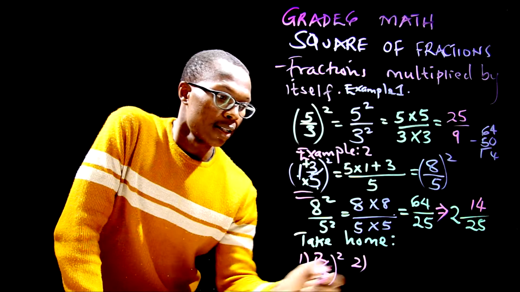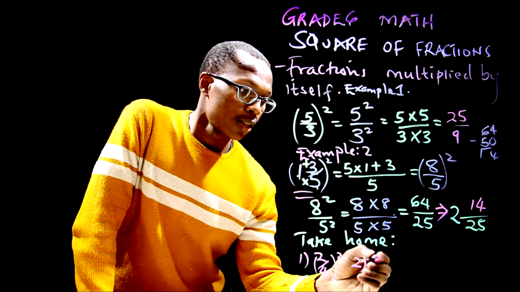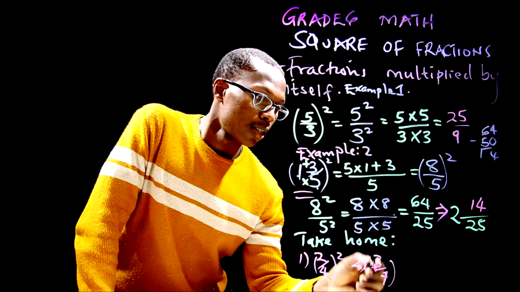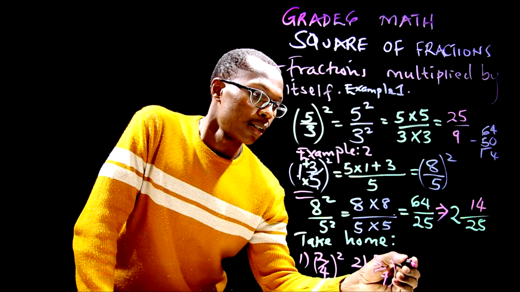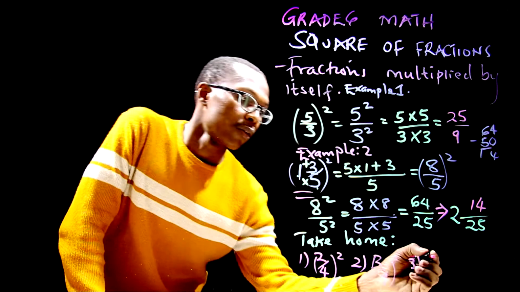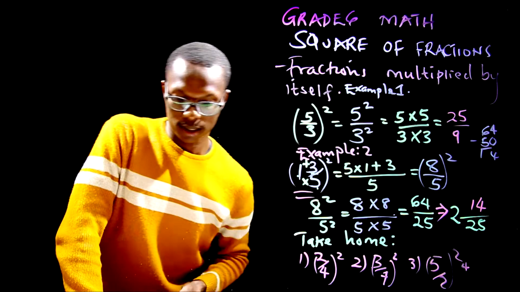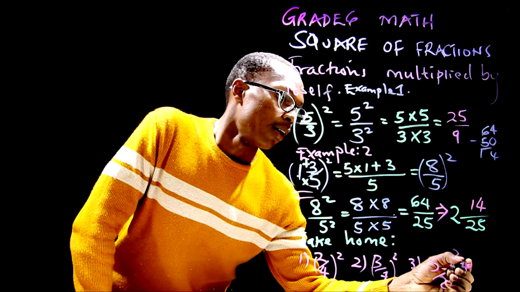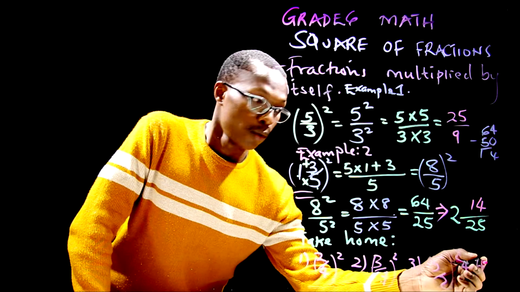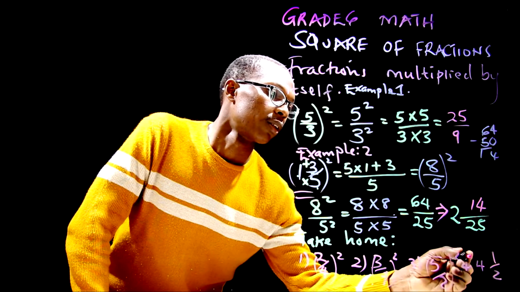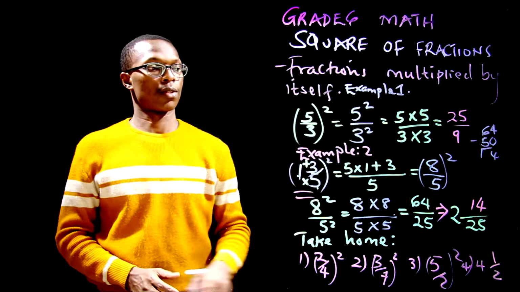The second one, you try 3 over 7 squared. Number 3, 5 over 2 squared. And the last one, 4 and 1 over 2, also squared.